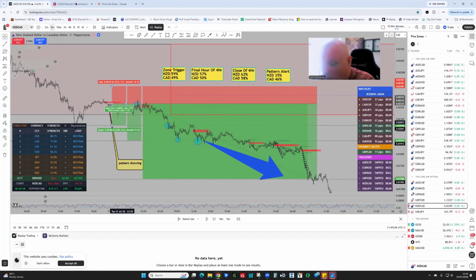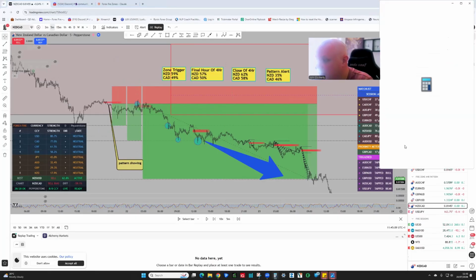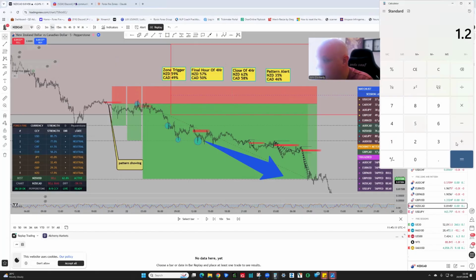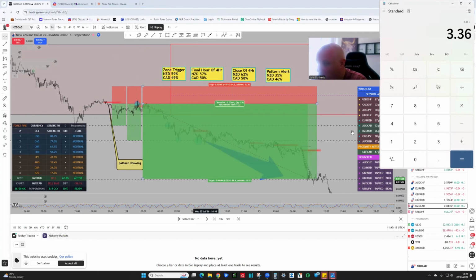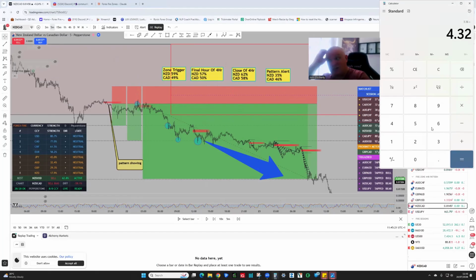So this went for, we'll take the calculations, a 1.25 plus a 2.11 plus a 4.32. Now, that is a total of 7.68%.